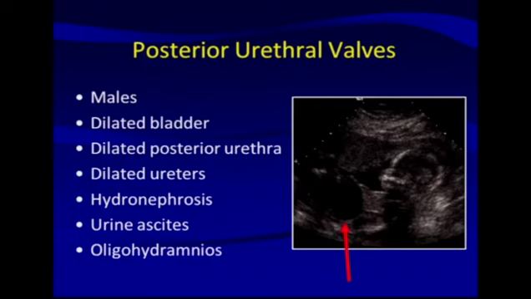And you're going to have oligohydramnios, as the amount of amniotic fluid is diminished from the lack of fetal urination. And here you can see this very large bladder in a small fetus with oligohydramnios surrounding.